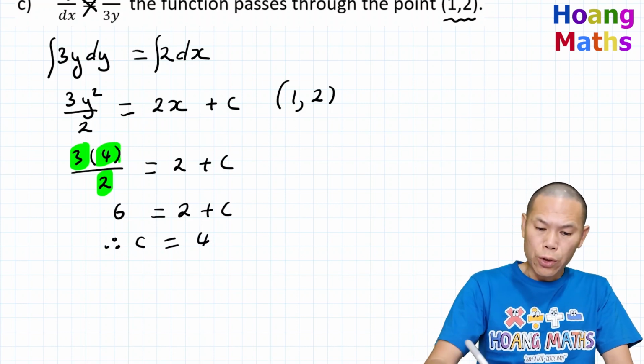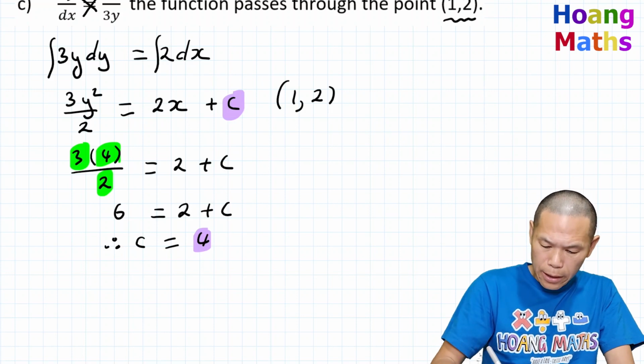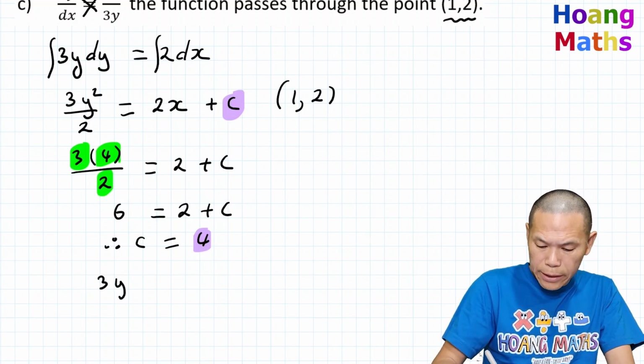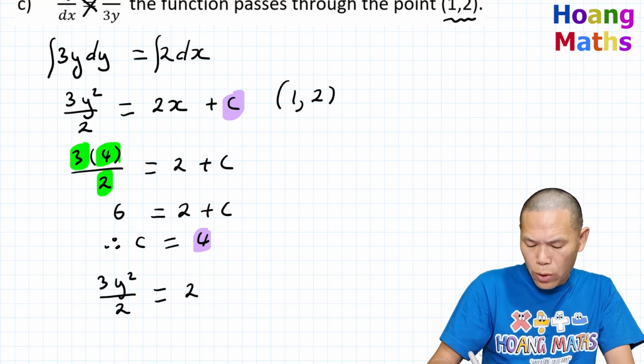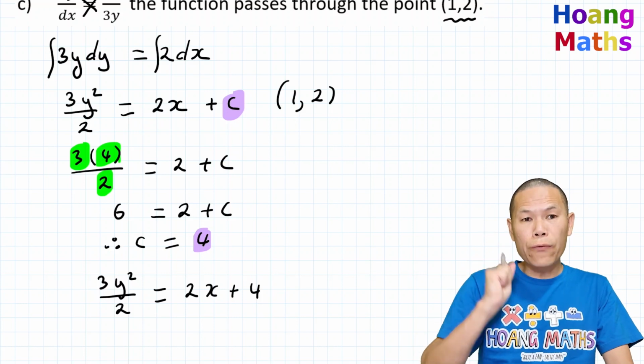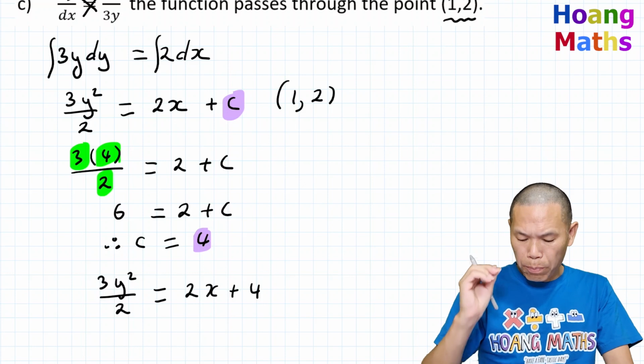Now we substitute c into here. So 3y squared over 2 is 2x plus 4. But then we need to solve for y. So I just times 2 on both sides.